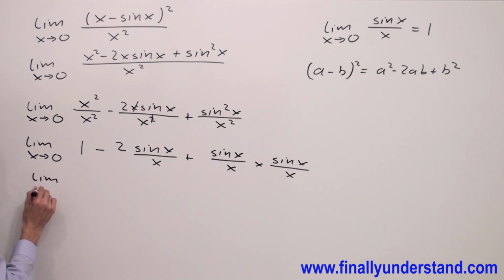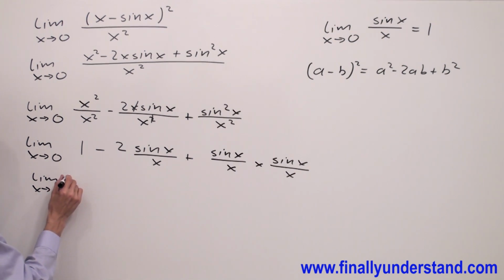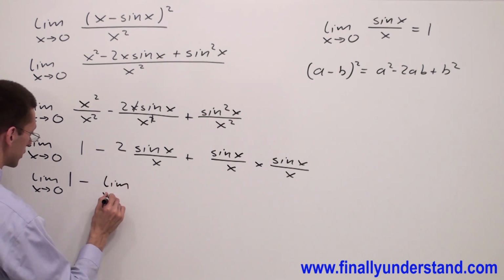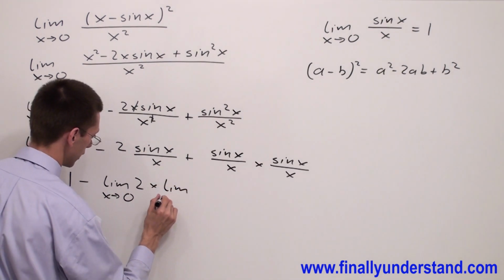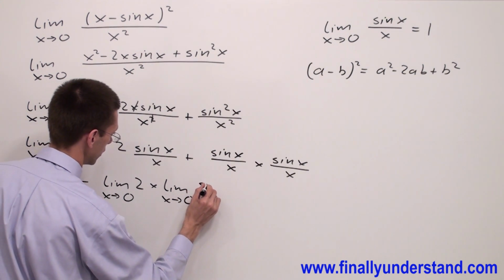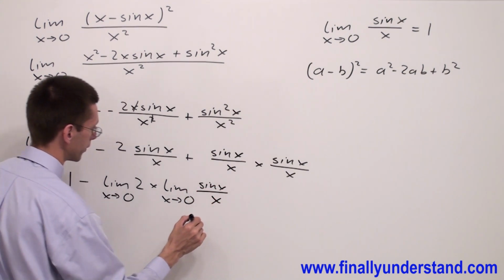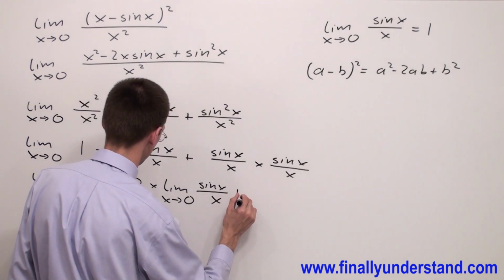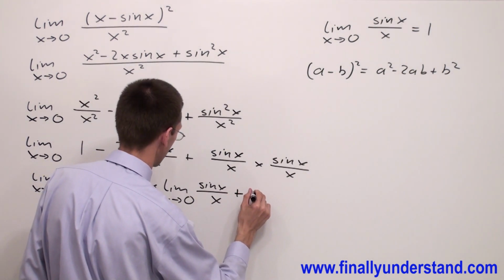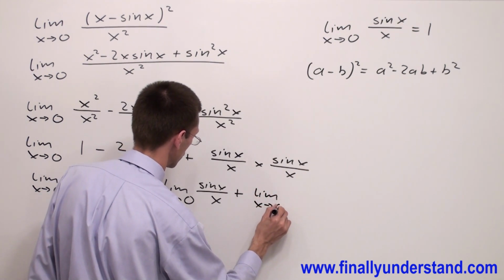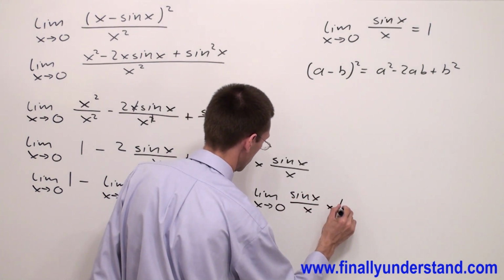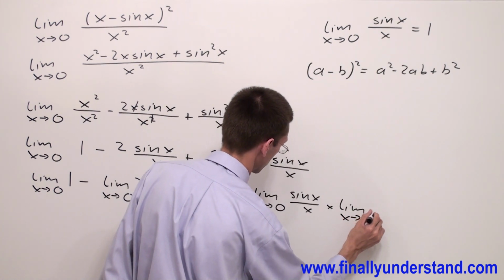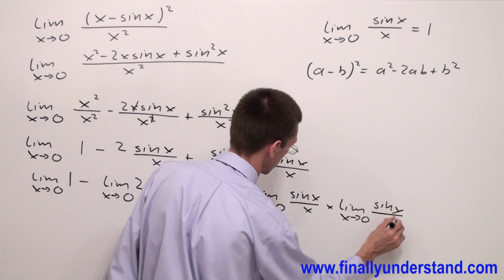I have the limit of x approaching 0 of 1 minus the limit x approaching 0 of 2 times the limit x approaching 0 of sine x over x plus the limit x approaching 0 of sine x over x times the limit x approaching 0 of sine x over x.